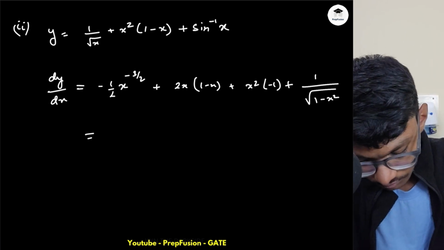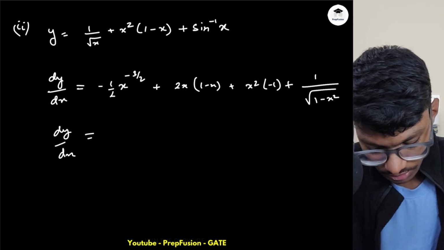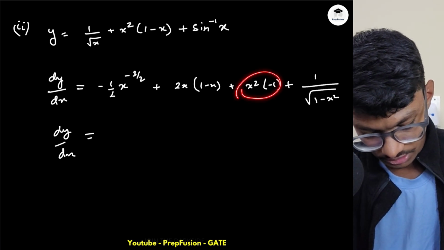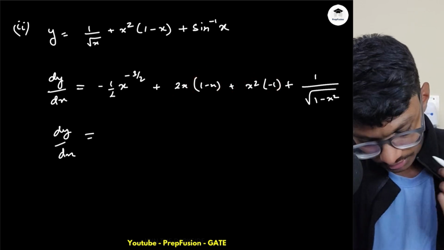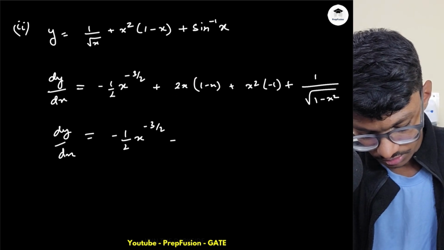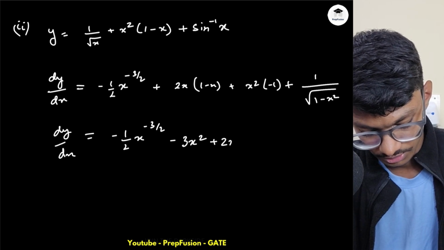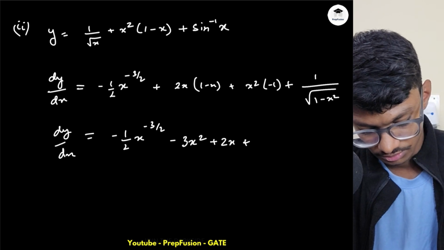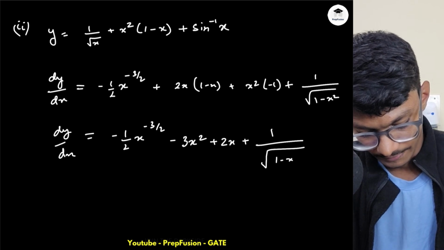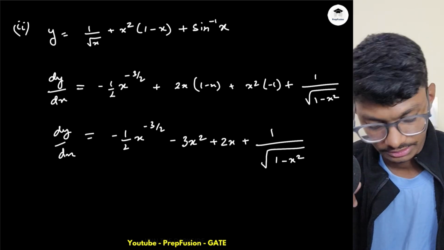So now I can simplify this a bit. dy dx will be simply, so this is now this, right? This is minus x square, this is minus 2x square, so overall this becomes minus 3x square. So minus 1 by 2 x raised to power minus 3 by 2 minus 3x square plus 2x plus 1 minus x square. Okay, so yeah, this is the solution, right?